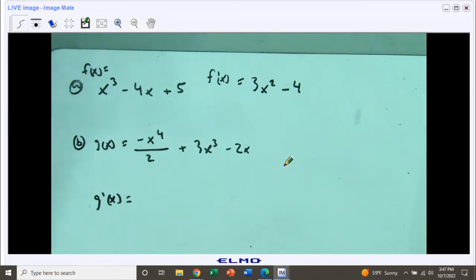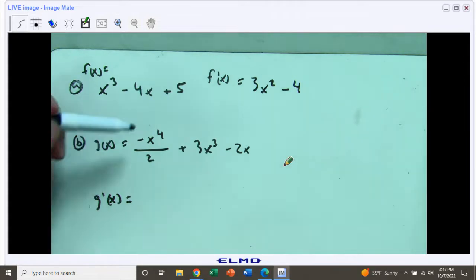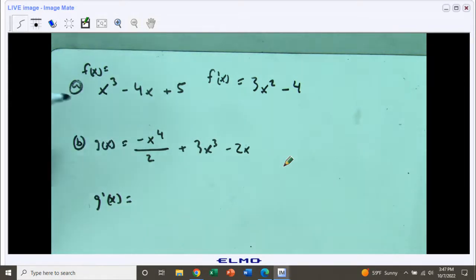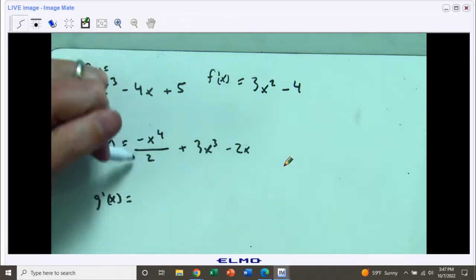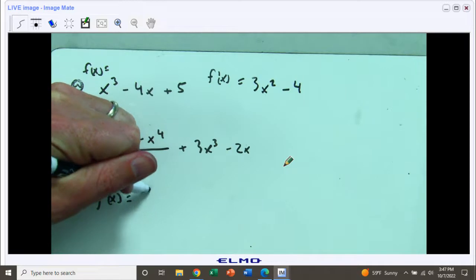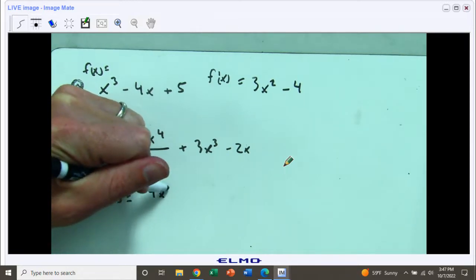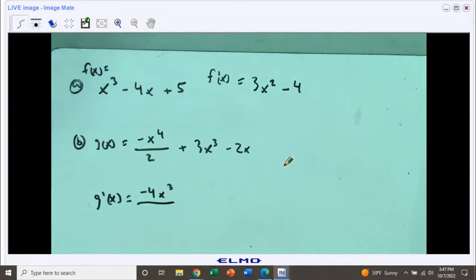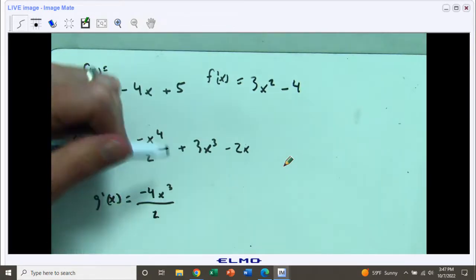So really, we can think of this as negative 1/2 x to the 4th. Now I'm going to multiply the 4 times the front. So that's going to be negative 4x to the 3rd, because we're going to take 1 away from the exponent there, and it's still over 2.